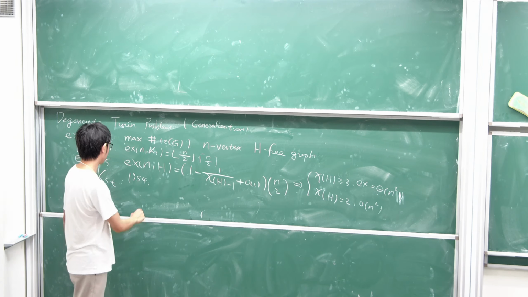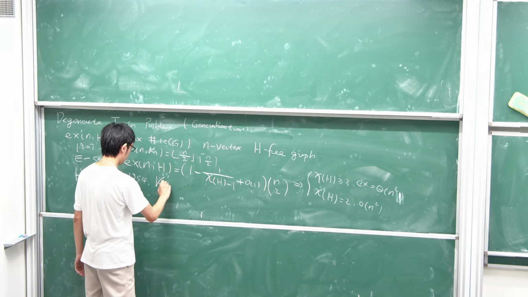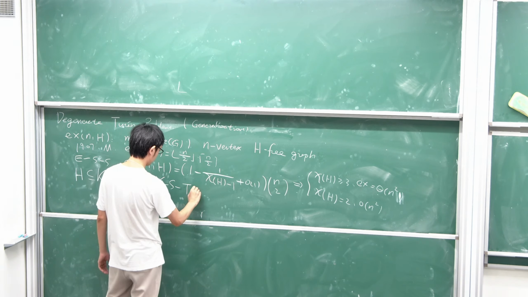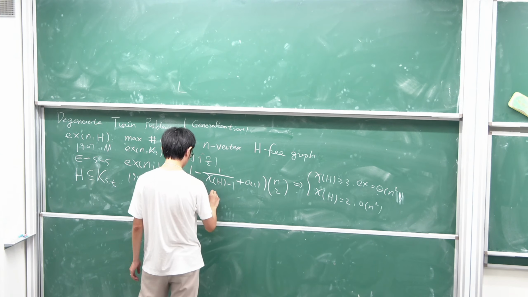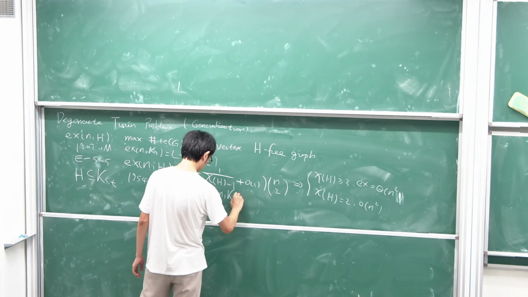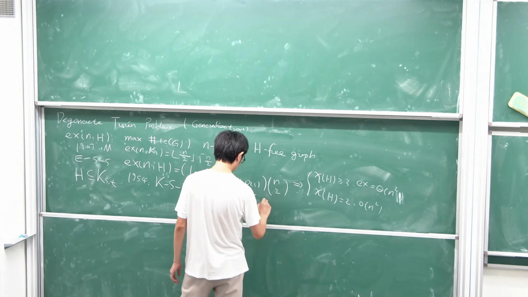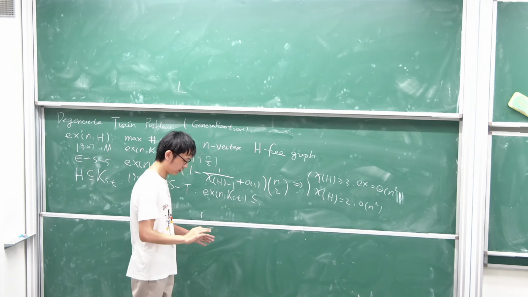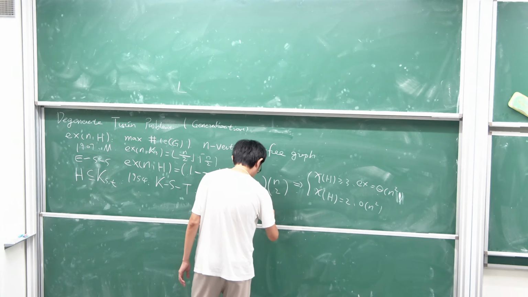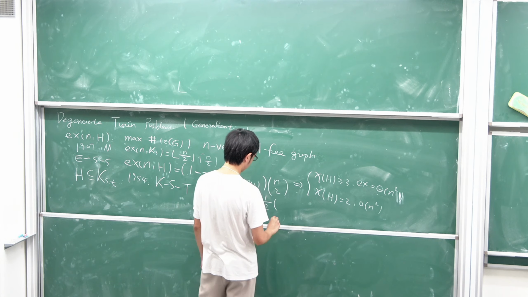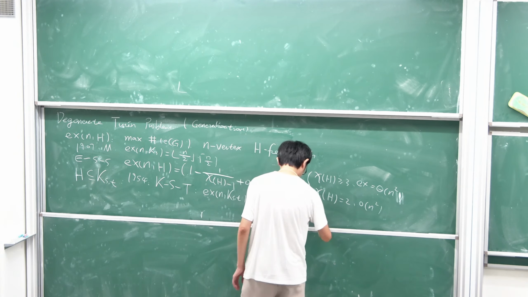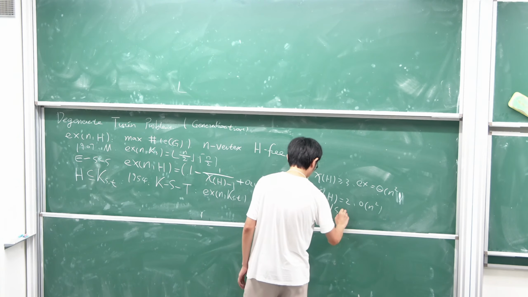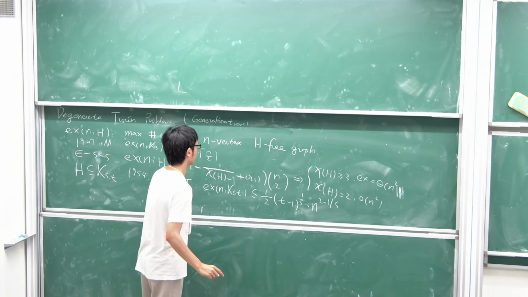In 1954, Kővári, Sós and Turán wrote a very general upper bound. I write it in a little more detail. And the proof is simple.